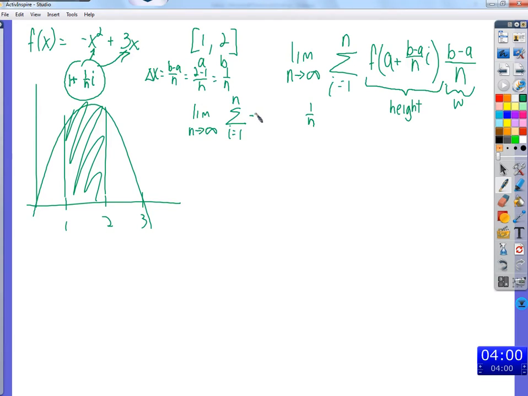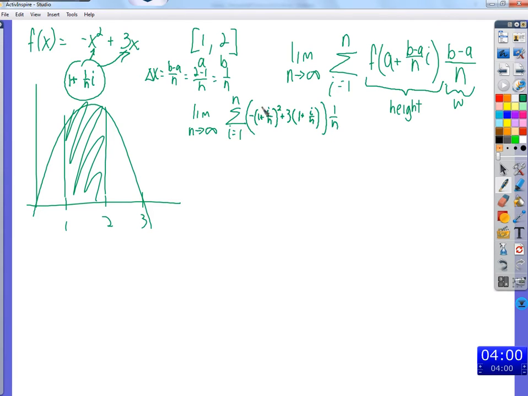So negative 1 plus i over n, squared, plus 3 times 1 plus i over n. Now remember, I'm putting parentheses around this because this entire thing is the height of the rectangle, and this is the base, or the width of the rectangle. So we need the whole height times the width.